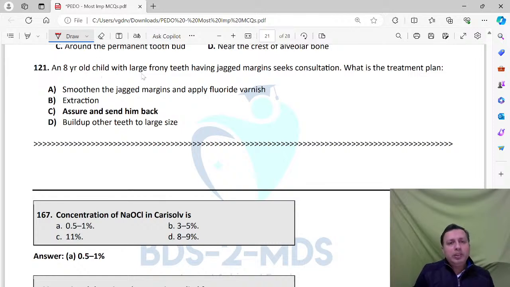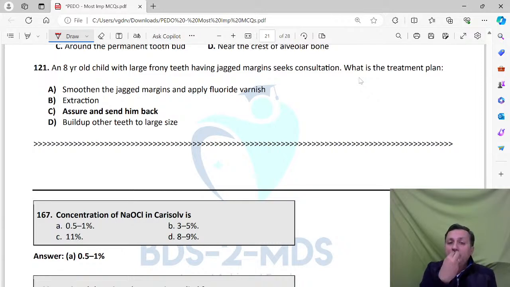An 8-year-old child with large front teeth having jagged margins seeks consultation. What is the treatment plan? Now, as a pediatric dentist, this is something I see most often in my day-to-day routine practice. Most of the time, the parents come saying the teeth are looking bigger. Will they grow more, or what are these jagged margins that I can see on the incisal edge? I always tell the parents that there is no need to worry.